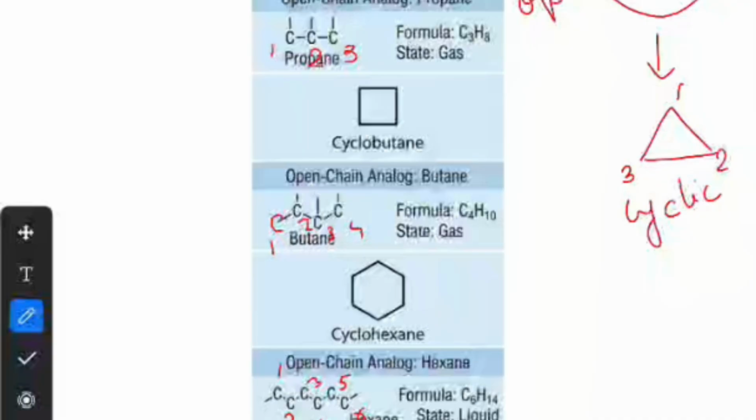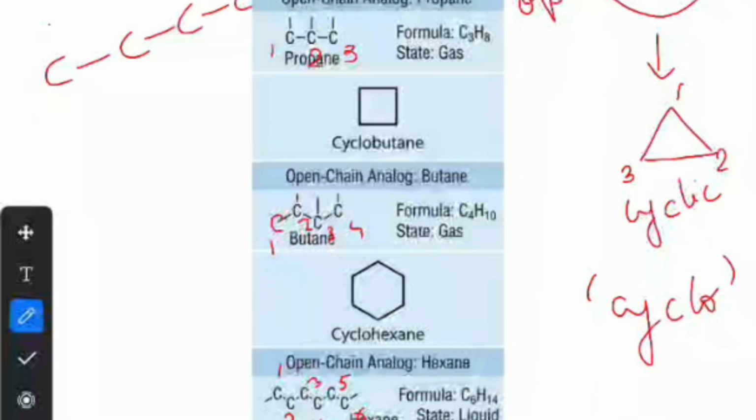Cyclobutane. Whenever you have a cyclic compound, you use the prefix cyclo. Cyclobutane means it has 4 carbon atoms, as if 1, 2, 3, 4. If you see the open chain, what can you understand?